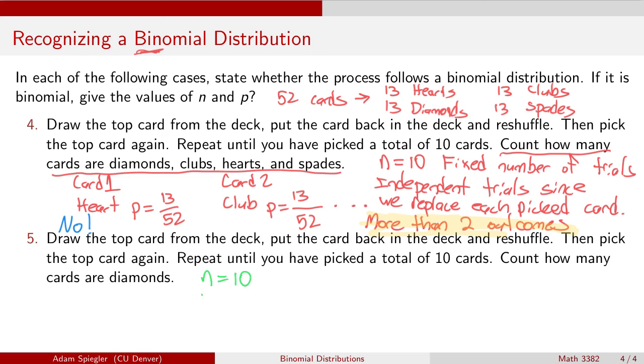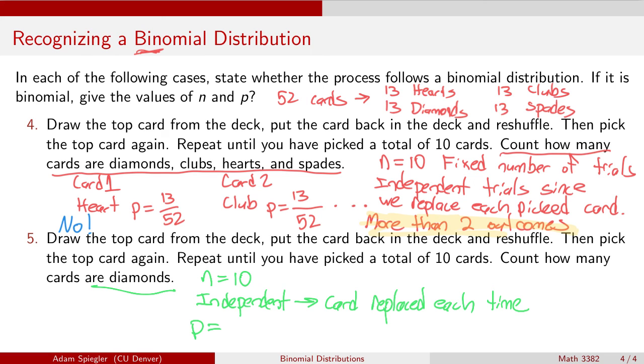Since we're putting the card back, each trial is independent. And so that makes a success here, which is picking a diamond. We're counting how many diamonds we have.